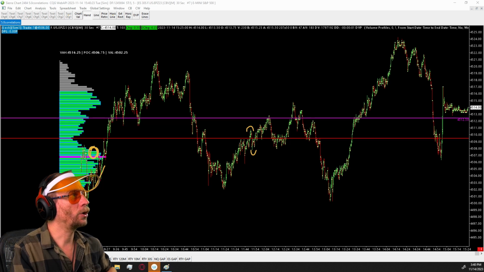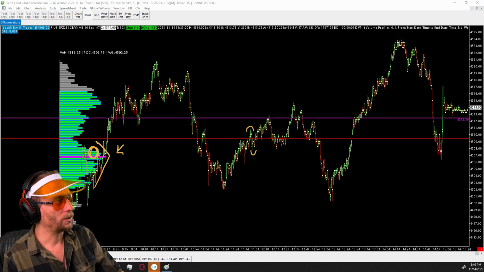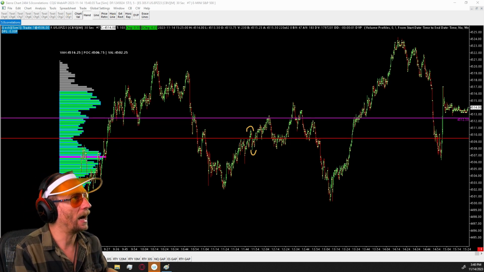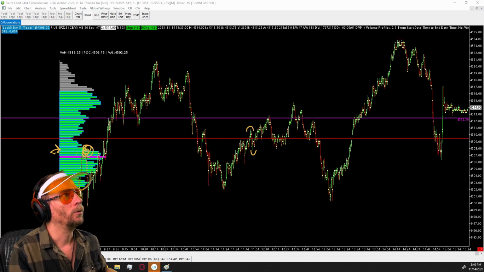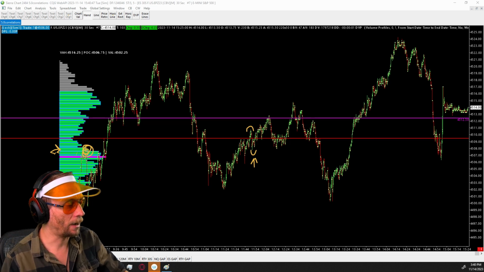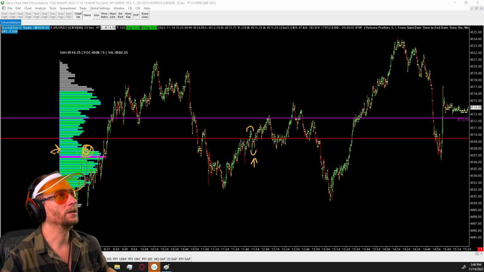So this curve is very POC heavy on the upside. The POC is not directly in the middle, so we need to account for that. And for me, the value area high is more like here, which is where it pivots in this region right here. That's how nuanced it gets.